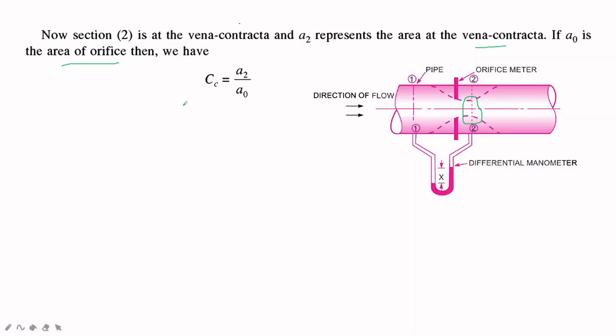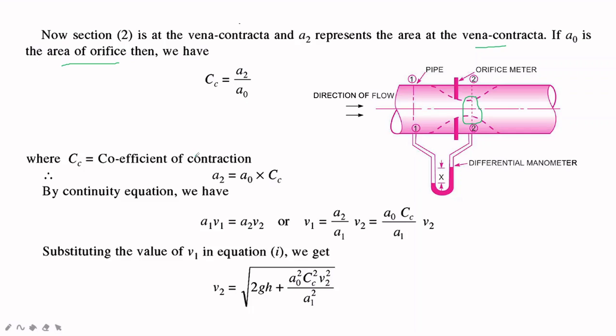So we have a coefficient, the coefficient of contraction CC, which is equal to A2, the area at the vena contracta, divided by A0, the area of the orifice.